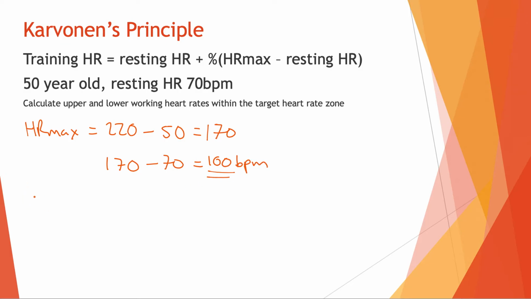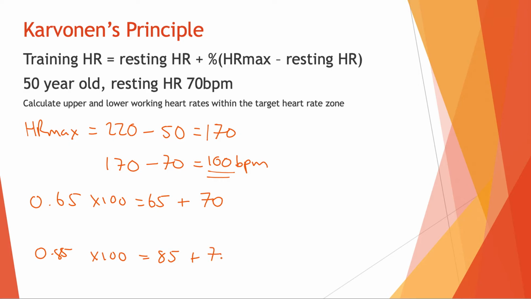Now we're timesing that by 0.65 and 0.85 to give us 65 and 85% of that. So 0.65 times 100 is 65 and 0.85 times 100 is 85. Easy maths. Now we're going to add on our resting heart rate.